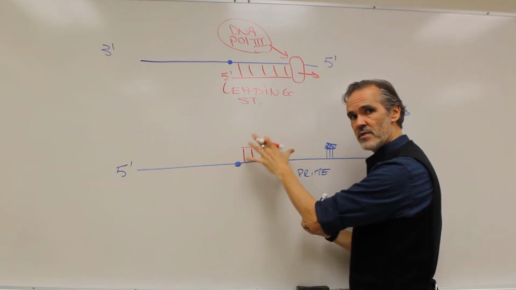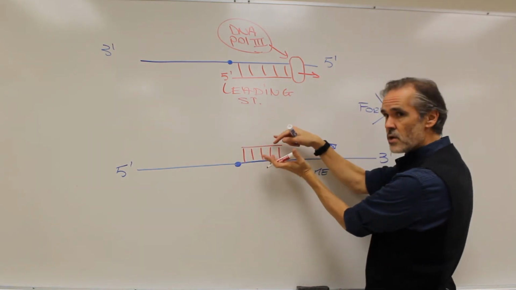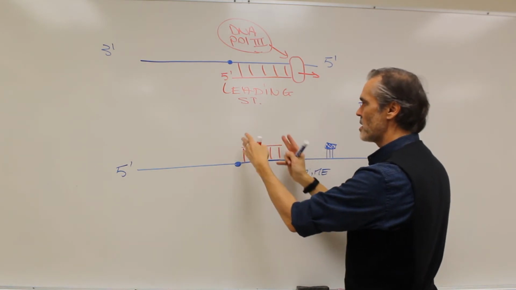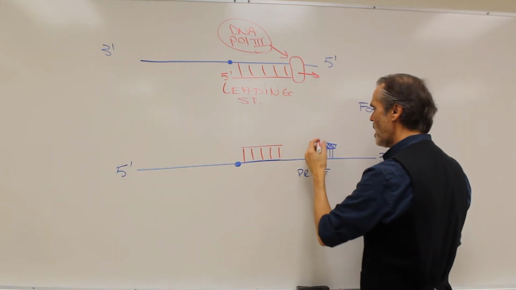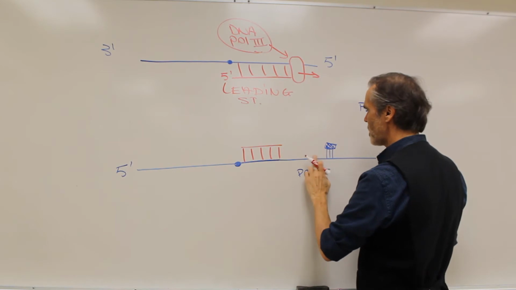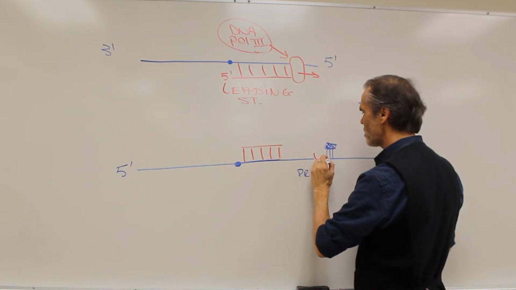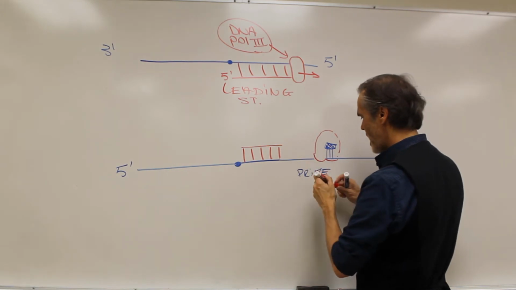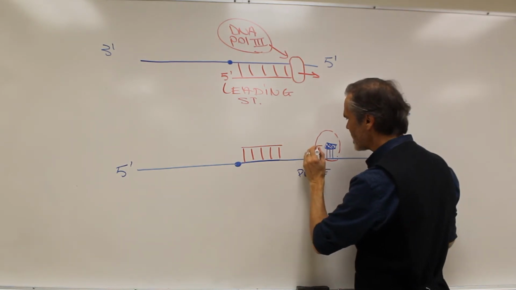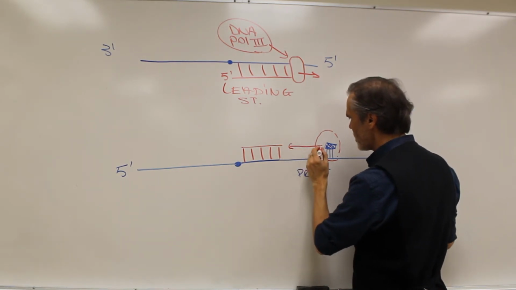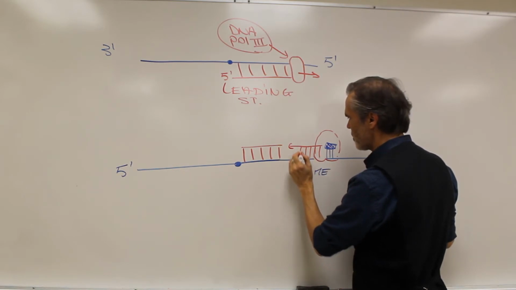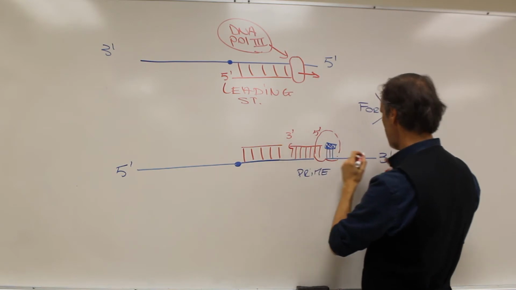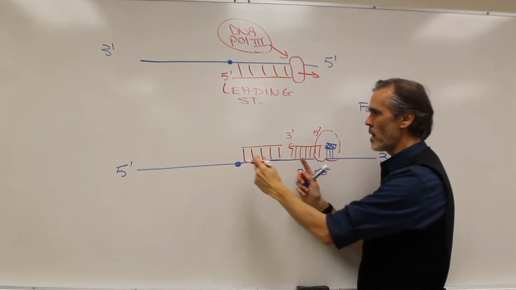This is a piece of DNA that was synthesized here prior. So you see it's synthesized, moved this way, but it's synthesized backwards in a way. Now the DNA polymerase 3 is able to recognize this part here, and is going to add these nucleotides here, again from 5' to 3', because it's following in the other direction.